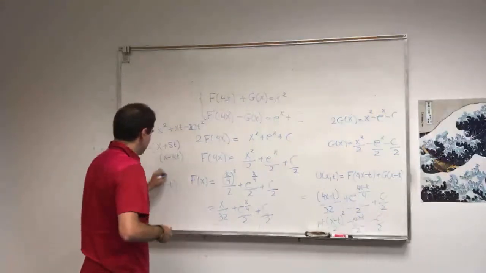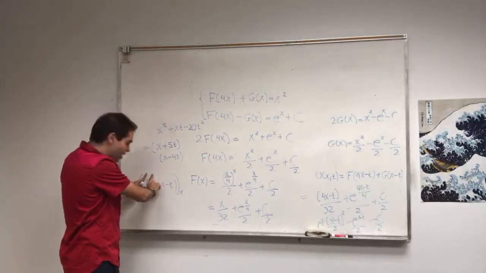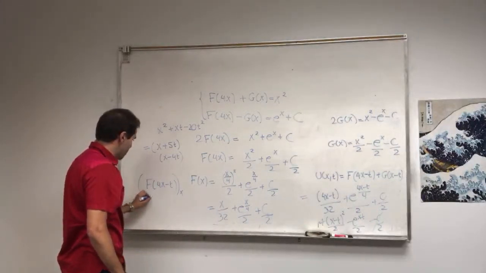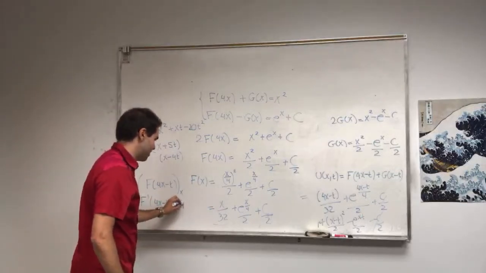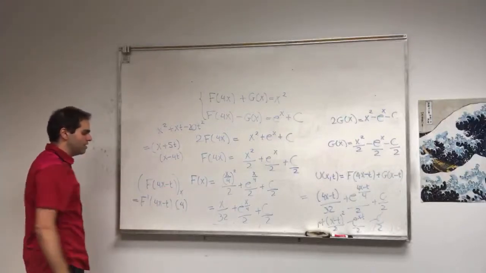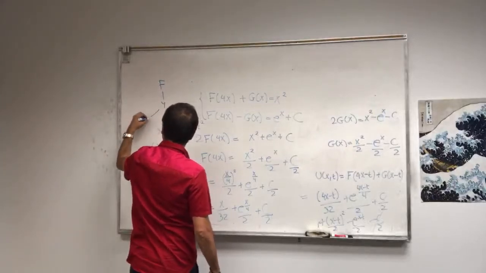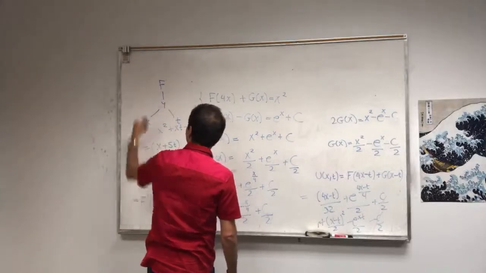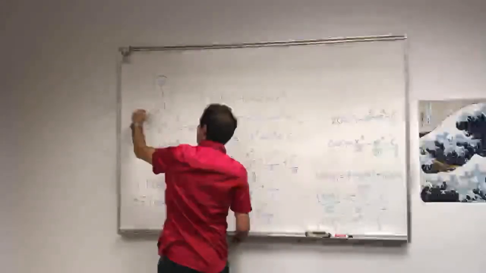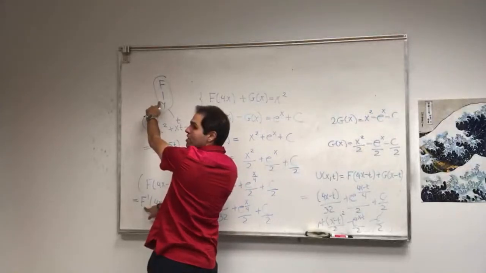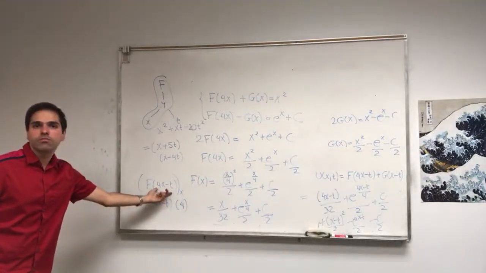To differentiate this with respect to x, you differentiate this function of one variable, so it would be f prime of 4x minus t. And then you differentiate the inside with respect to x to get the derivative of 4x minus t, which is 4. So picture-wise, let's say f depends on y, which depends on x and t, where y is 4x minus t. So to differentiate with respect to x, df over dx is df over dy, which is just f prime, times dy over dx, which is just 4.